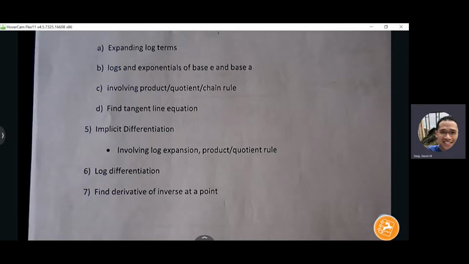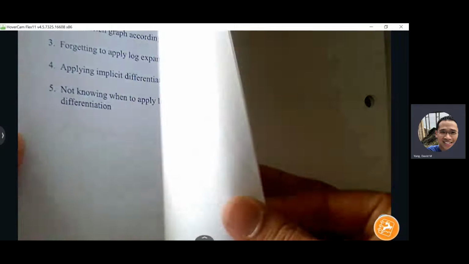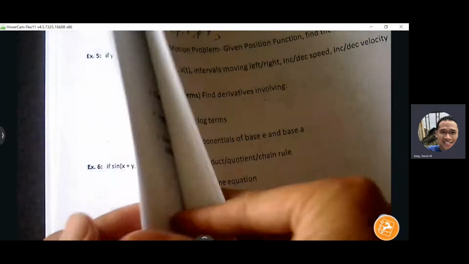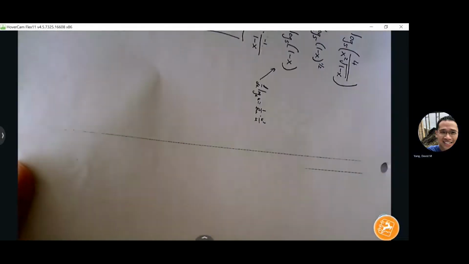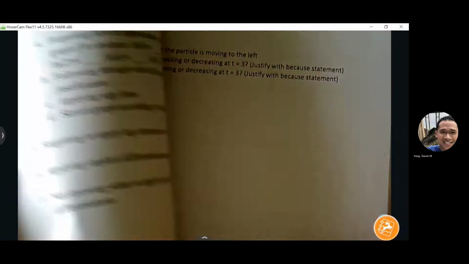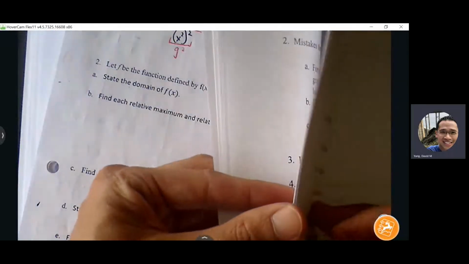If you feel comfortable with your packet, you should feel comfortable going into the test. Tomorrow morning, I will go over worksheet 4, pages 29 and 30.